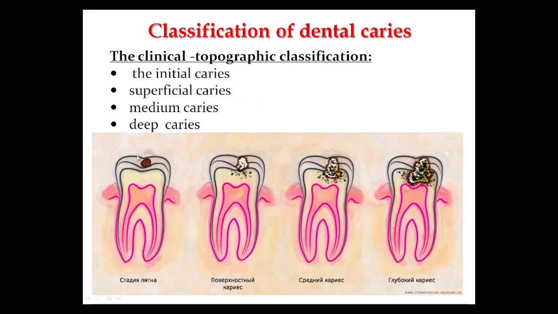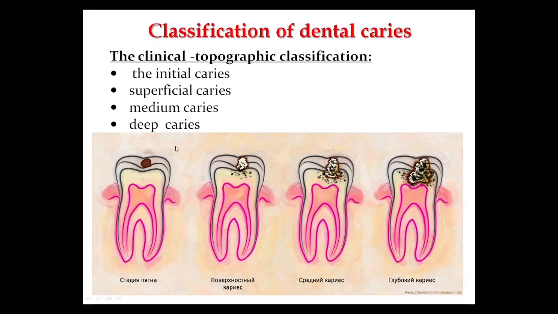And the first classification of dental caries is the clinical topography classification. According to clinic, there are 4 types of caries. First, initial caries, or the stage of spot. Next, superficial caries. This is caries only in enamel, a cavity in enamel. The third one is medium caries, caries in enamel and also in dentin.